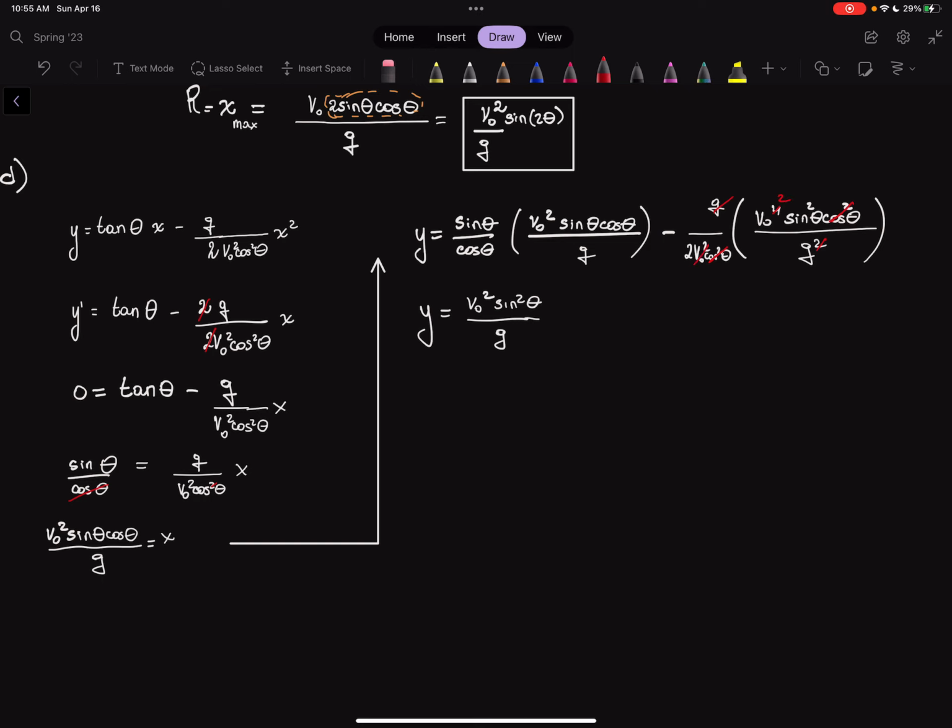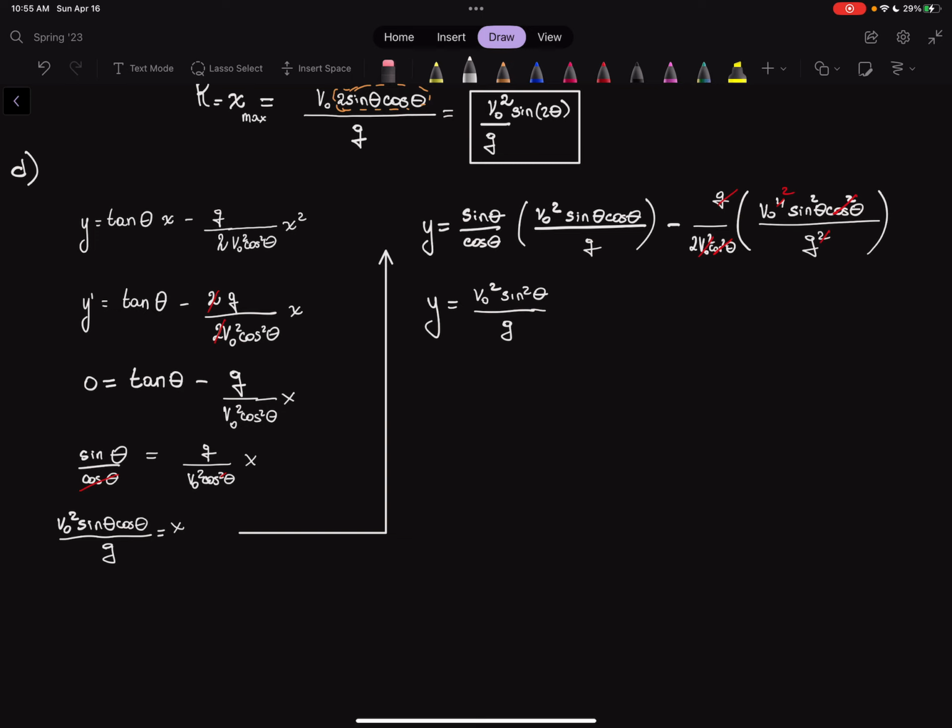And so here we're going to have minus sine squared of theta v naught squared divided by 2g.